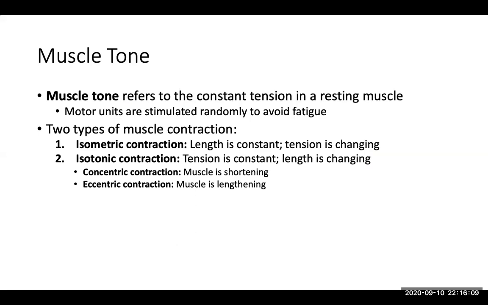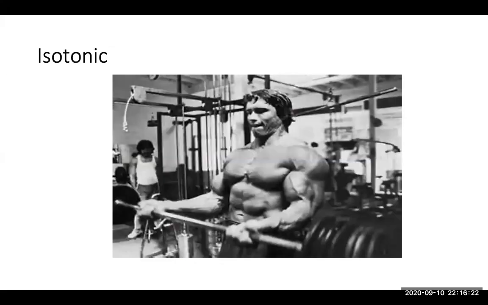So in isometric, the tension is changing. You're putting tension on the muscle, but the length of the muscle isn't changing because you're not getting anywhere. In isotonic contraction, you'll put a constant tension on the muscle, and the muscle length is changing because you're able to lift the weight. And that is the end of this PowerPoint.